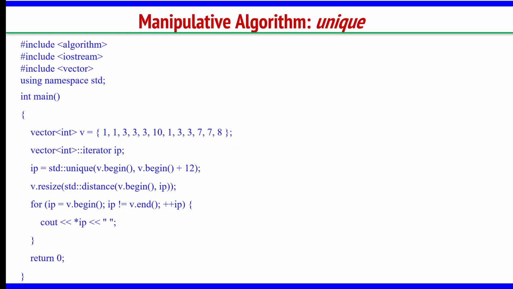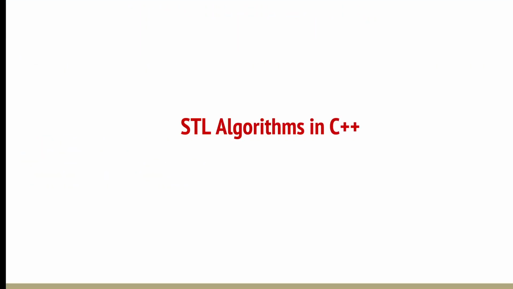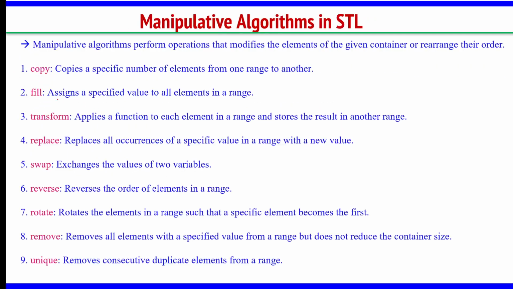So we have seen so many important functions. We will quickly recall what we have studied in the manipulative functions. Copy copies the content from one into the other, in a range. Then fill with some default value. Transform, you can do binary transformation or unary transformation, like adding 5 to all the elements of the array.